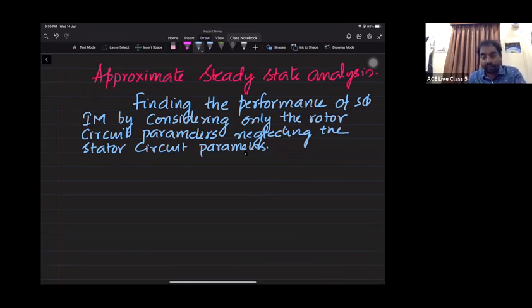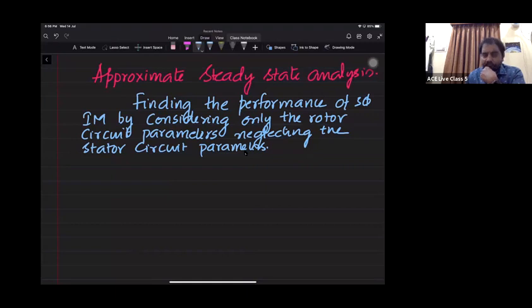My suggestion is, after this class today, go for books by Nagrath Kothari, P.S. Bimbhra, Bhattacharya. Electrical machines by Bhattacharya, electrical machines by Chapman, and electrical technology by B.L. Theraja.